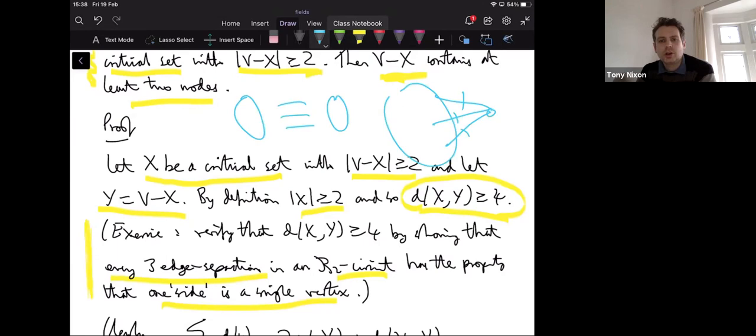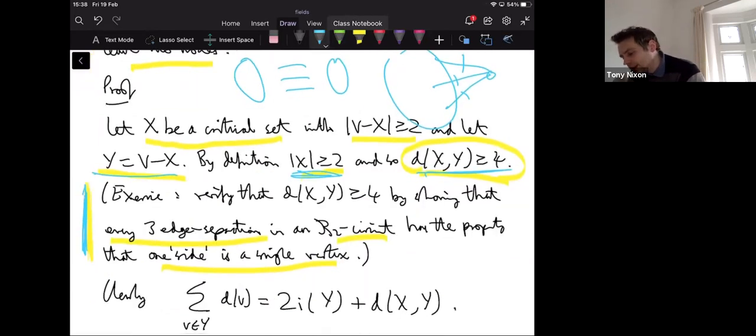Those sort of separations are not possible. You can show this by looking at the 2v minus 2 and at most 2x minus 3 edges in subgraph conditions, and just counting basically. This is an exercise to verify, but the only thing we're going to use from it is that we have at least 2 vertices in X, which we already knew, but between X and Y, there's at least 4 edges.